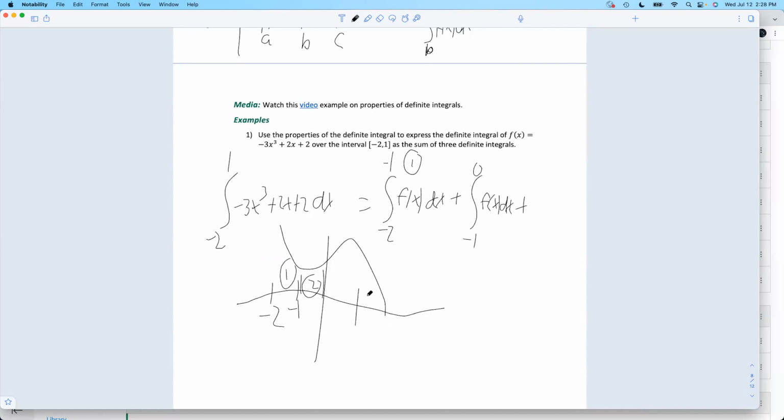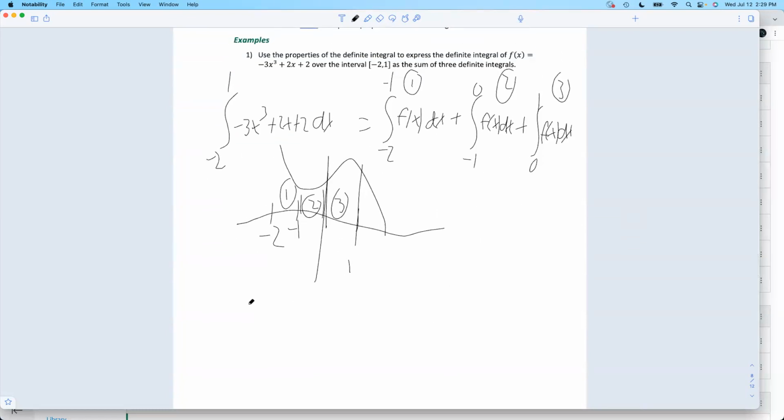Plus 0 to 1. This would be region 3 right here, from 0 to 1. That's one way I might split this up into 3 separate regions. Nobody said I had to do it that way.